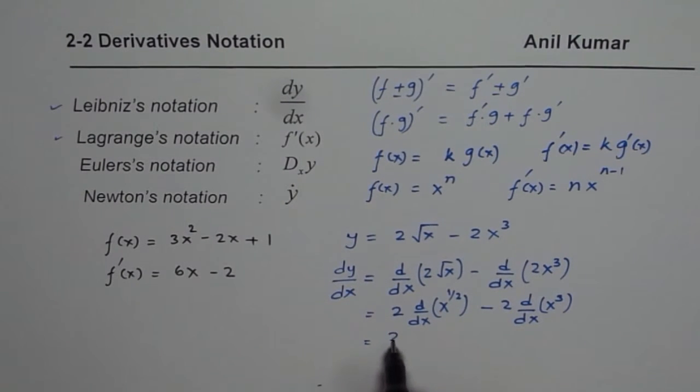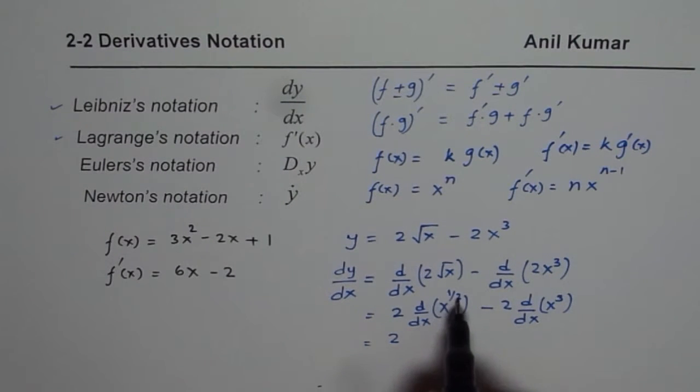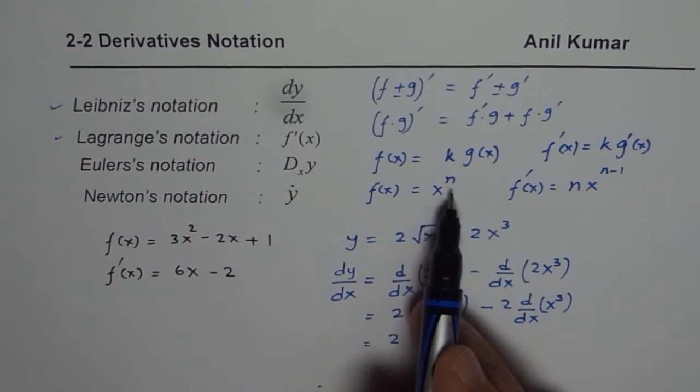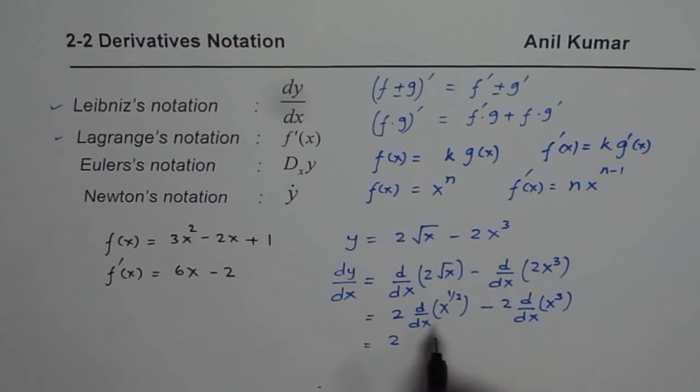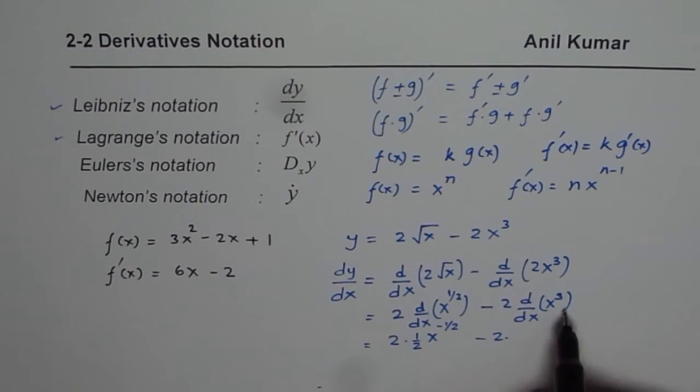So it is 2 times derivative of x to the power of half. We'll apply this power rule, n times x to the power n minus 1. So n here is half, so we get half times x to the power of half minus 1, which is minus half, correct? Minus 2 times, again apply the power rule, it will be 3x squared, so it is 3 times x squared.